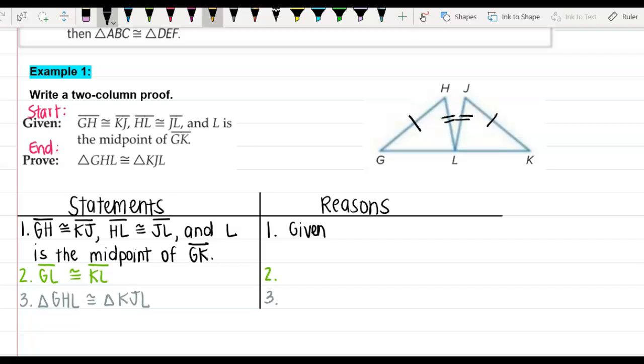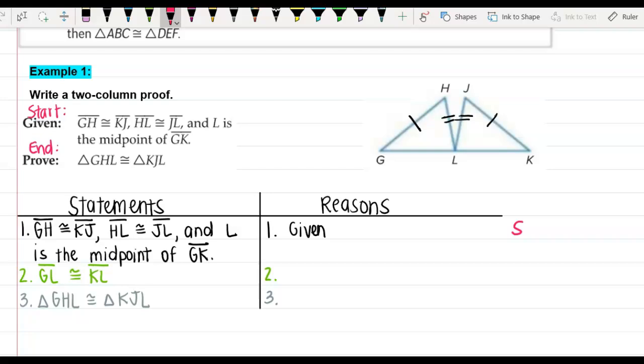One little trick, just before we get any further, is that as you go through a statement and a reason, it might help to label in that line what you actually found. GH congruent to KJ shows us that we have a set of segments, or a side. So maybe out here I can put an S because I know I have a side in that line.